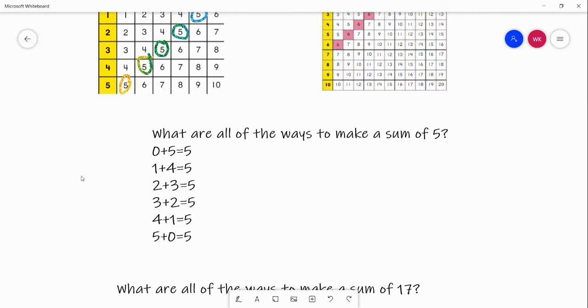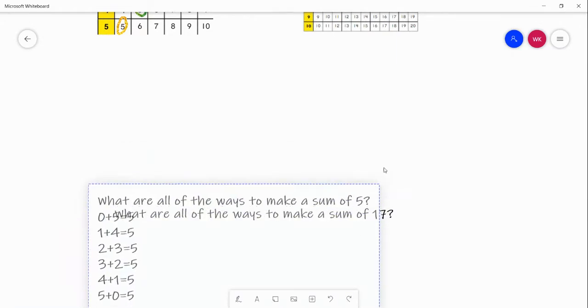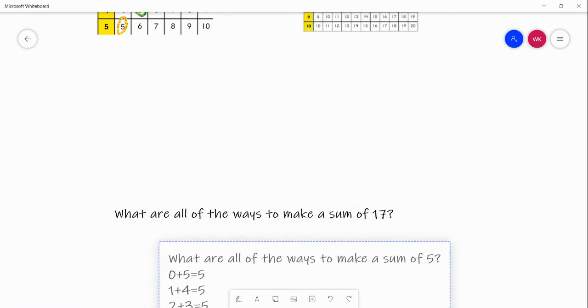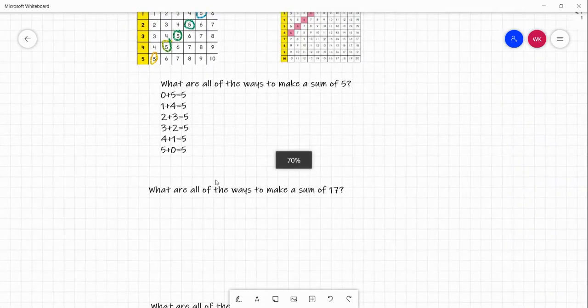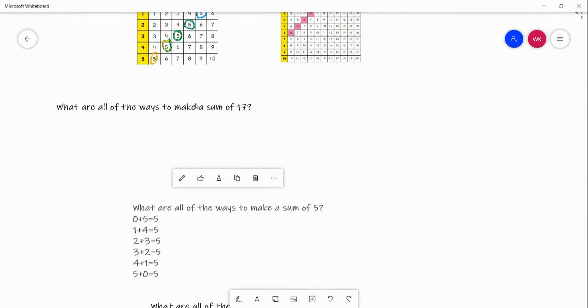Let's go ahead and try another one. We are going to try to find all the ways to make a sum of 17. So I'm going to move this one up, and move this one down so we can see them.